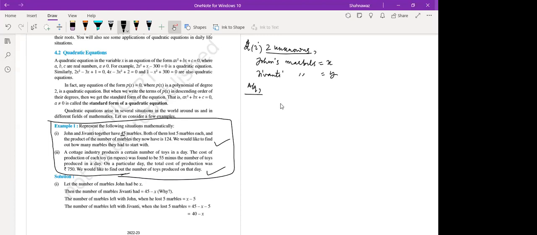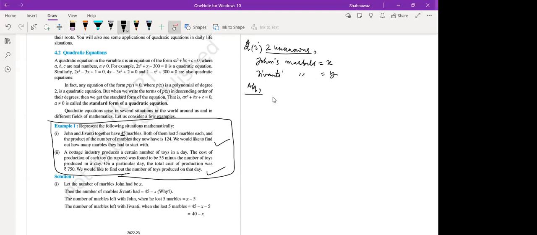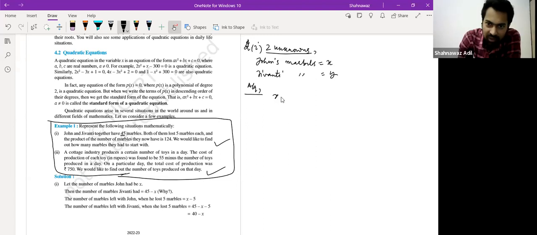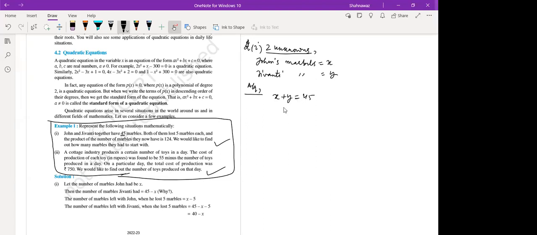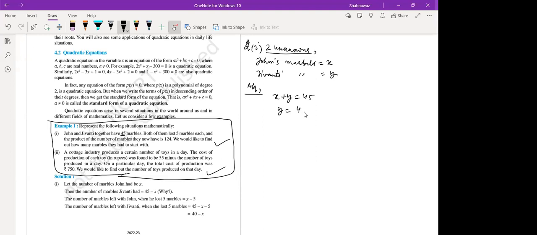X plus Y. Total marbles are how many? Total marbles 45. Right. So total is 45, right? So then we can calculate what is Y. So Y would be 45 minus X, right?